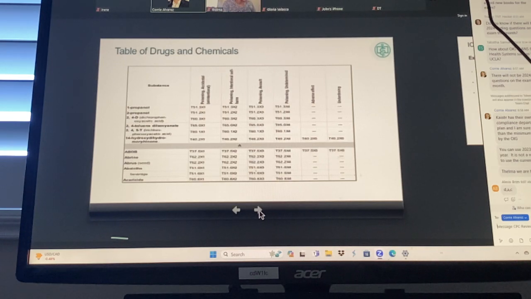Now we're going to talk a little bit about coding adverse effects versus poisonings, so I might as well talk about it now. When there's an adverse effect, you code first the adverse effect. So you would code the rash, and then you would code secondarily the drug from the drug table.